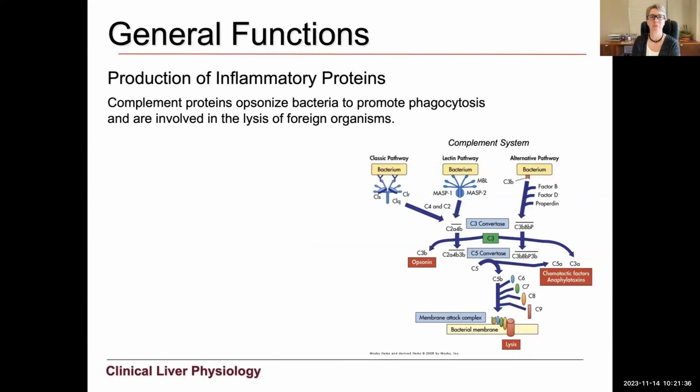Here's another system: inflammation. The liver, if you recall, is responsible for producing complement proteins. And complement proteins are almost as important as your white blood cells in terms of fighting infection.